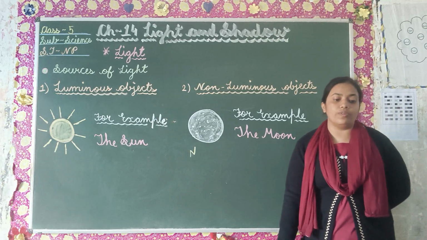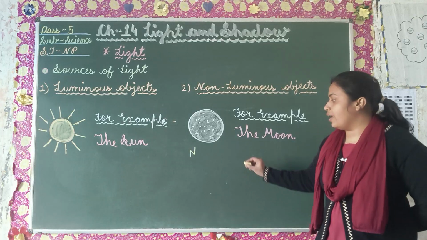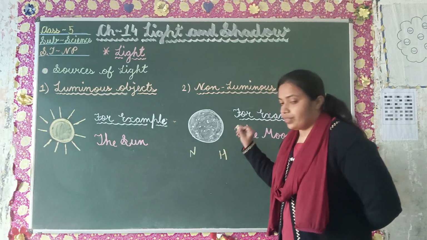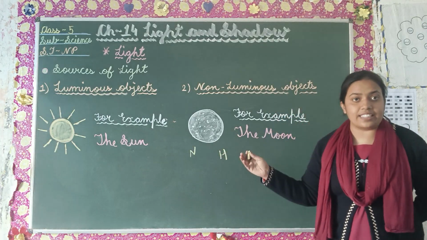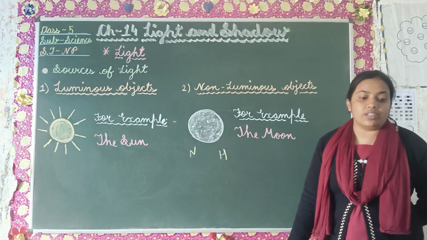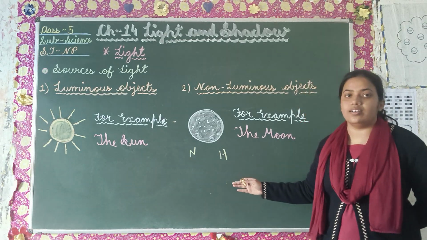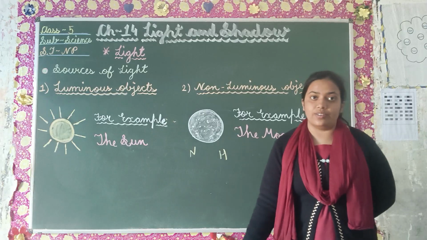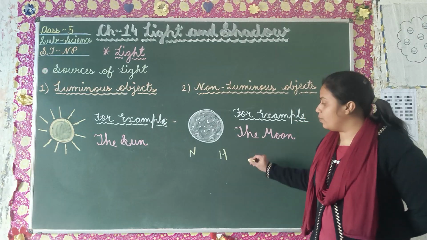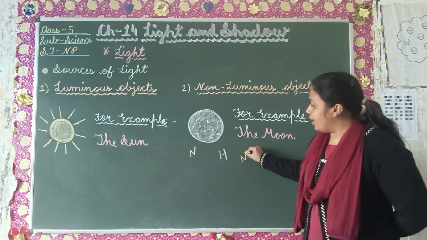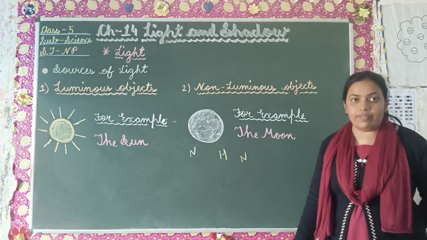So there you will write H. In the last picture, this picture is of the sun. The sun is the natural source of light. So there you will write N in the given box.